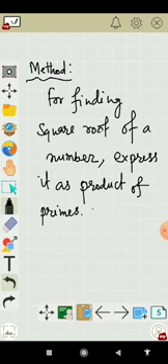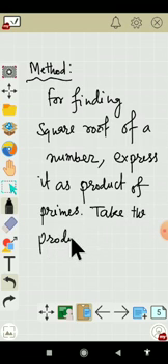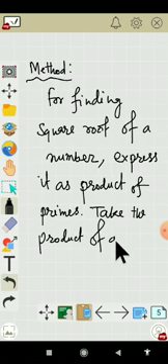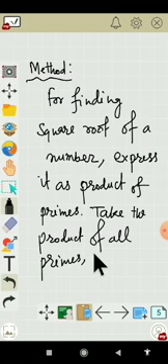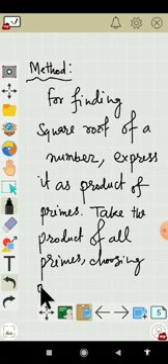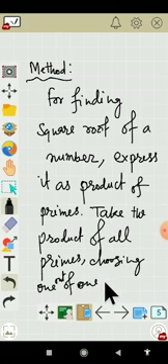Then take the product of all primes, choosing one out of every pair.